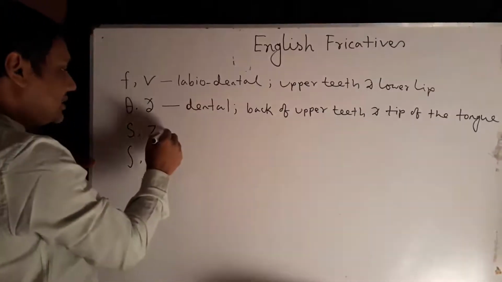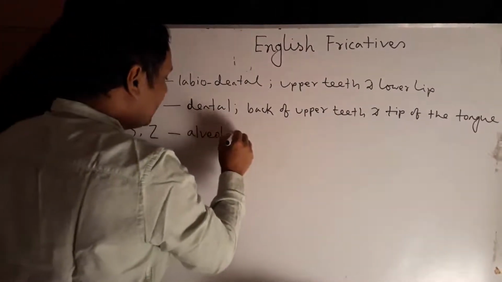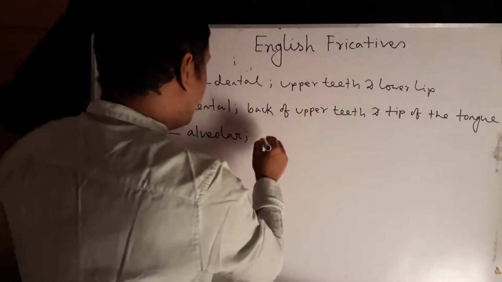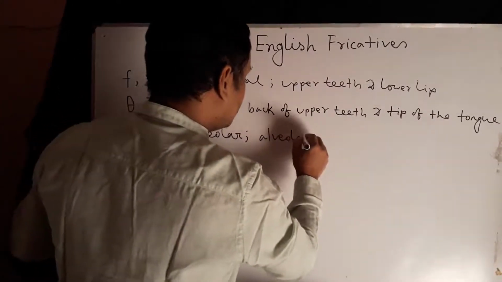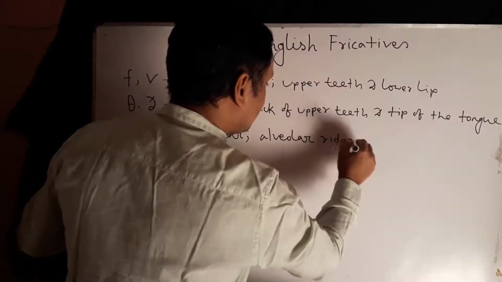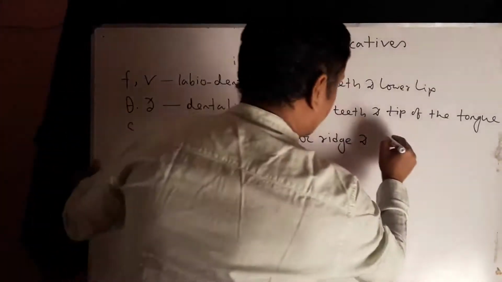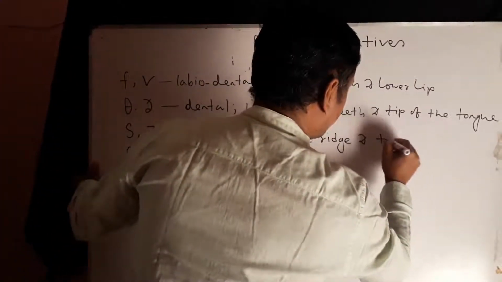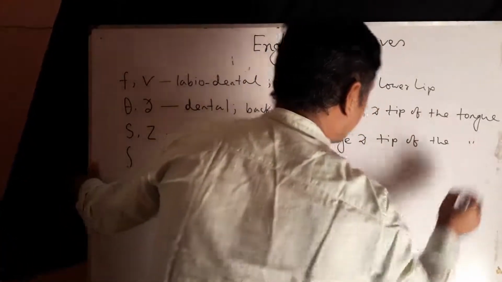Third pair, sa, za, are alveolar, that is alveolar ridge and tip of the tongue.